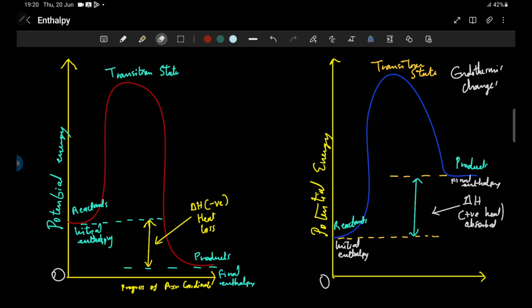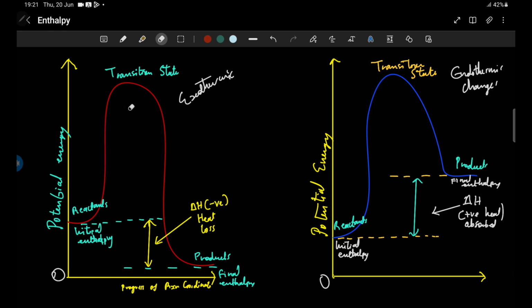Now let's move down to the left where you've got exothermic. Now it's just the same thing, but the only difference here is that the energy level of the products is way lower than what you have for the reactants. So that's the drill here. The reactant starts at a much higher energy level, and then reaches the transition state, which is referred to as the activated complex.